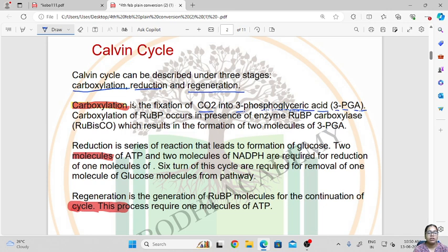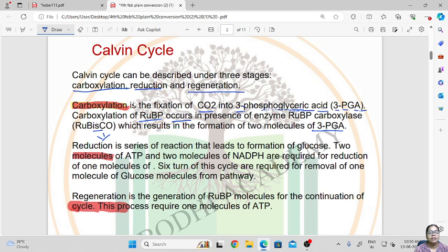Then carboxylation of RuBP, that is ribulose bisphosphate, occurs in the presence of the enzyme RuBP carboxylase, that is RuBisCO, ribulose bisphosphate carboxylase, which results in the formation of two molecules of 3-PGA, that is 3-phosphoglyceric acid. Then it undergoes the second step, that is reduction.